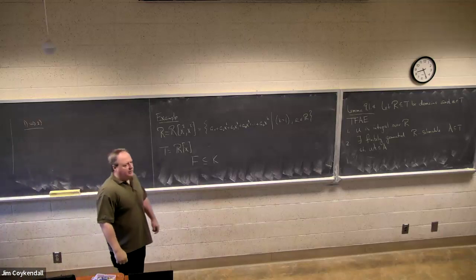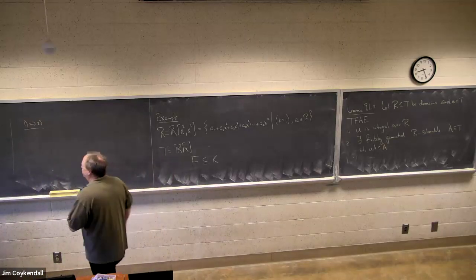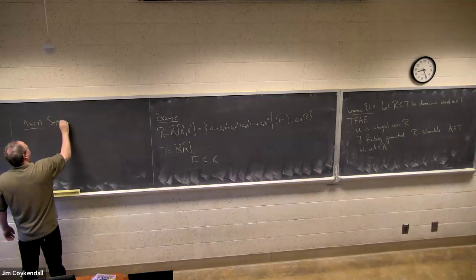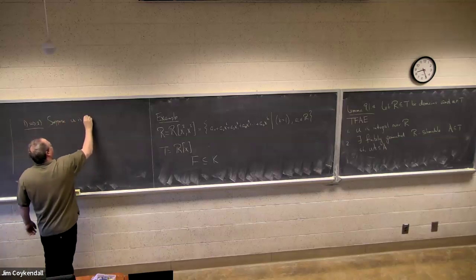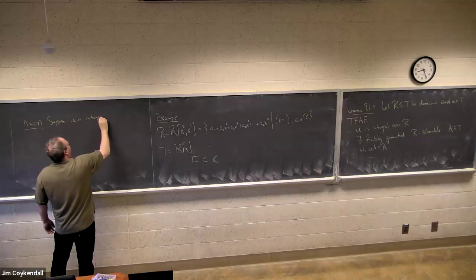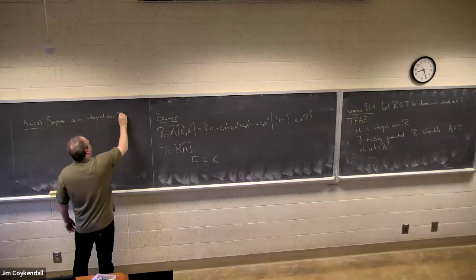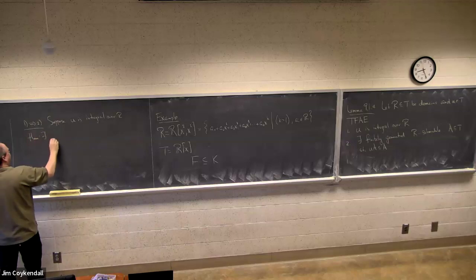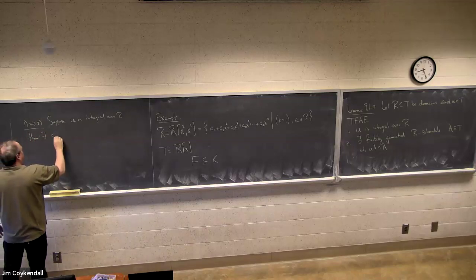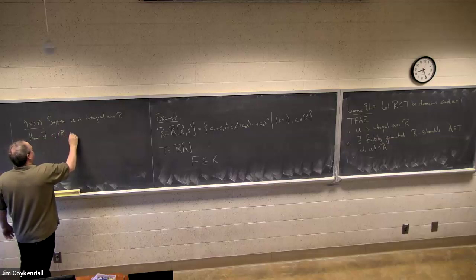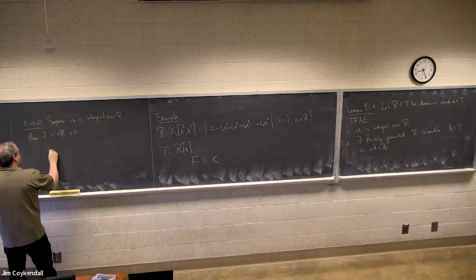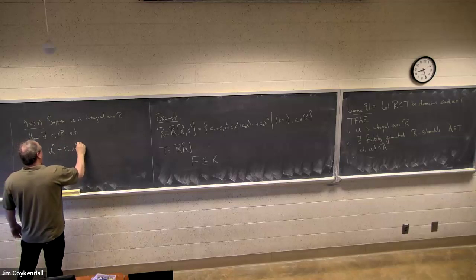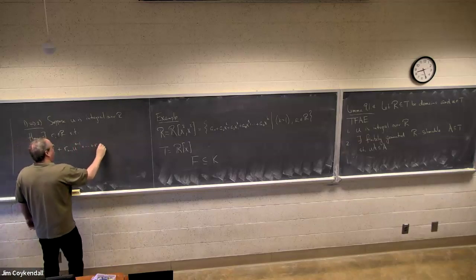This direction is the easy one. Okay, so let's suppose U is integral over R. Then there exist r_0, r_1, up to r_{n-1} in R such that u^n equals r_{n-1}u^{n-1} plus up to r_1 u plus r_0.